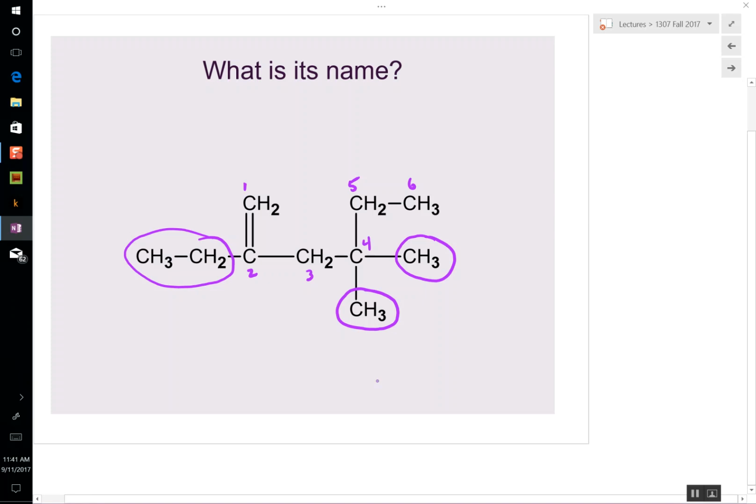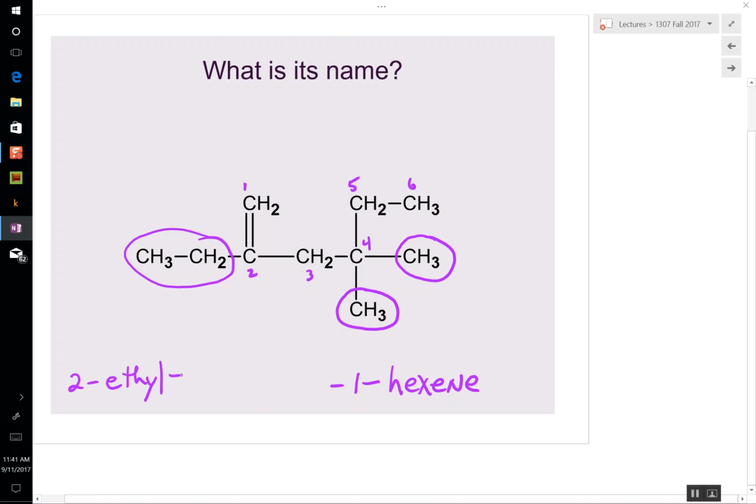Parent name? Hexene. And the double bond begins on carbon number 1. And we've got an ethyl on carbon number 2.